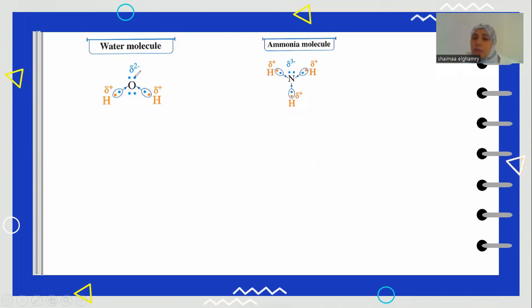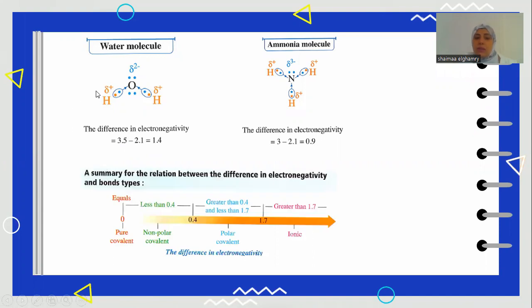But the polarity of water is greater than the polarity of ammonia, because the difference in electronegativity between oxygen and hydrogen is greater than between nitrogen and hydrogen. As we can see here, the difference in electronegativity in water is 1.4, and in ammonia it is 0.9.